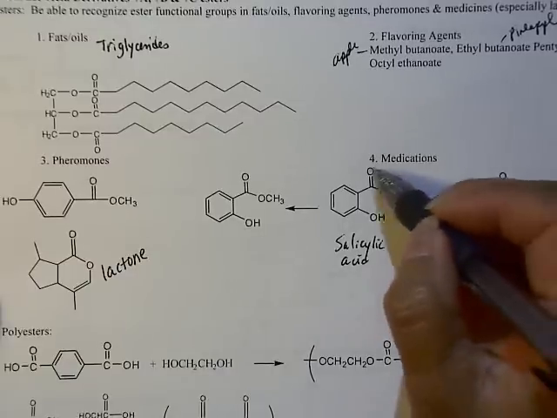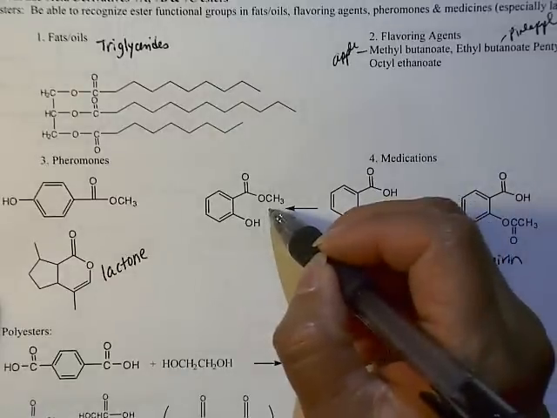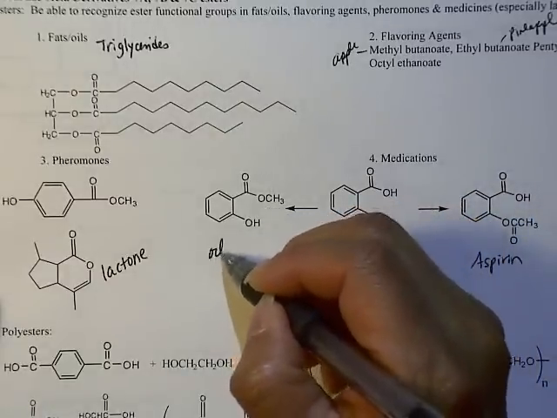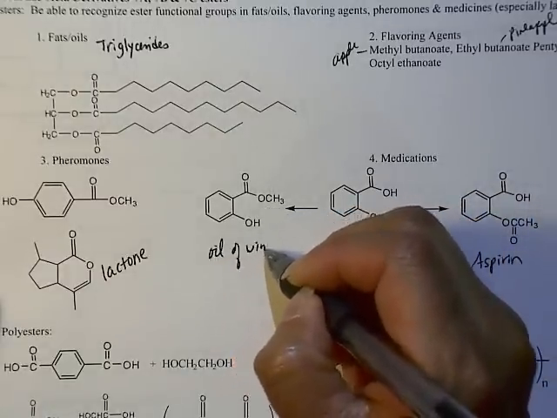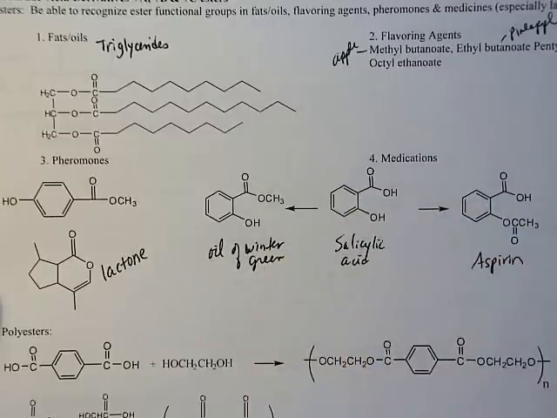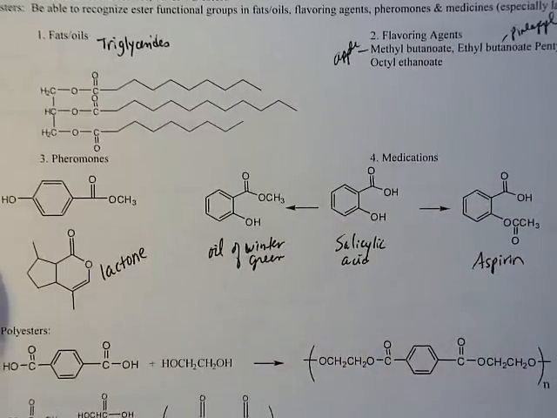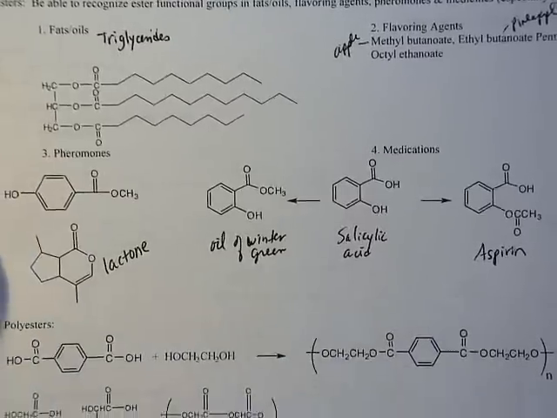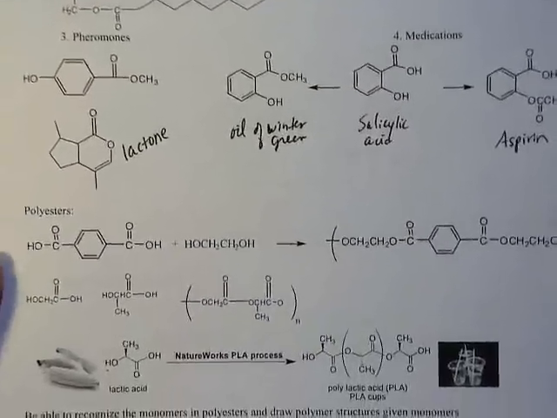Whereas if you functionalize this carboxylic acid and make the methyl ester here, this is oil of wintergreen. This oil is often used to decrease pain on sore muscles by rubbing it on. So these are just some examples of esters found in nature.